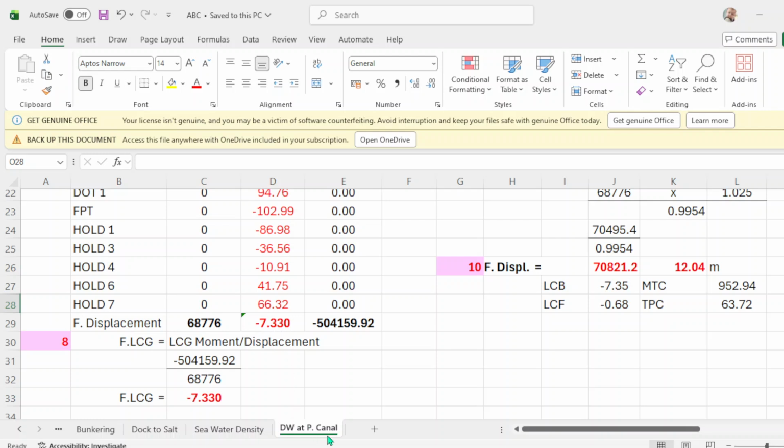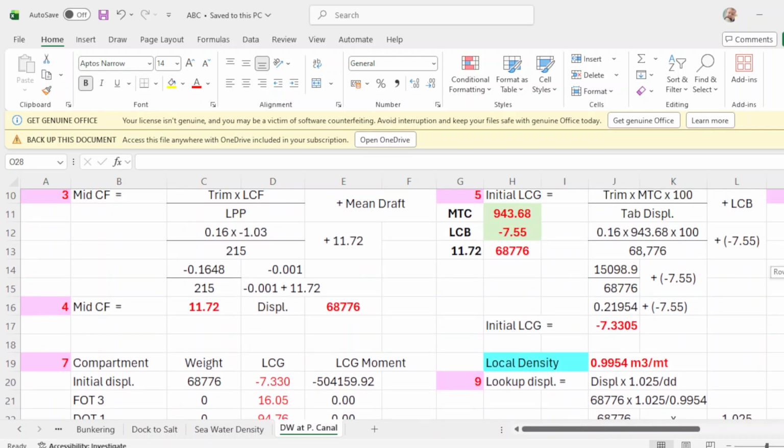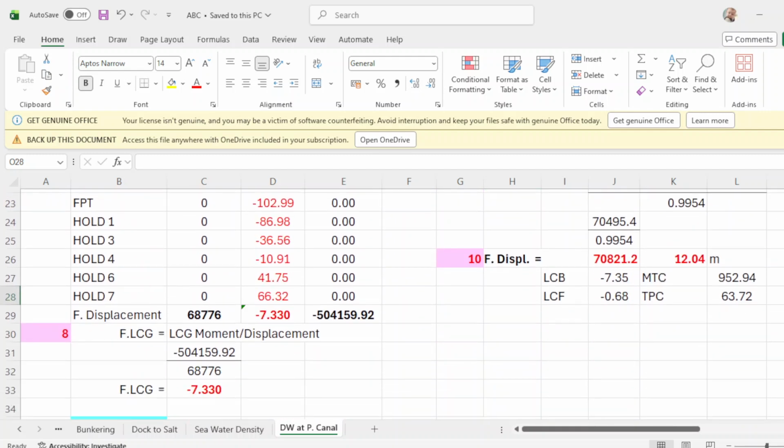Okay? So in short, your initial LCG is the same as your final LCG. Okay?